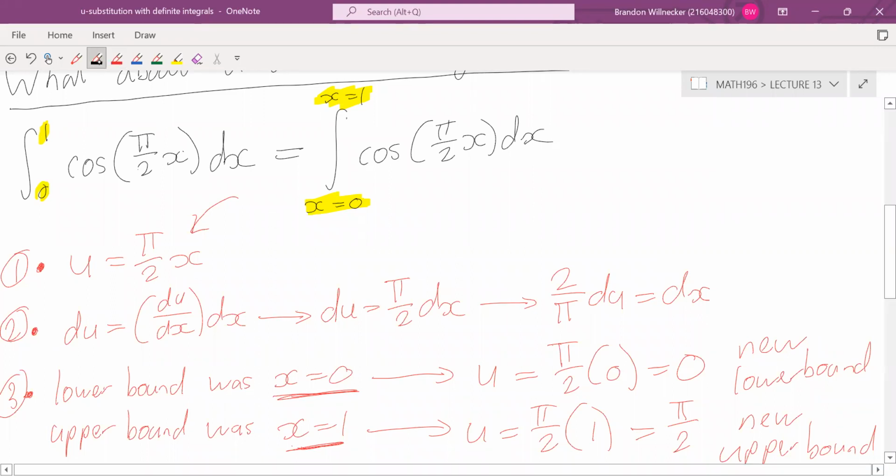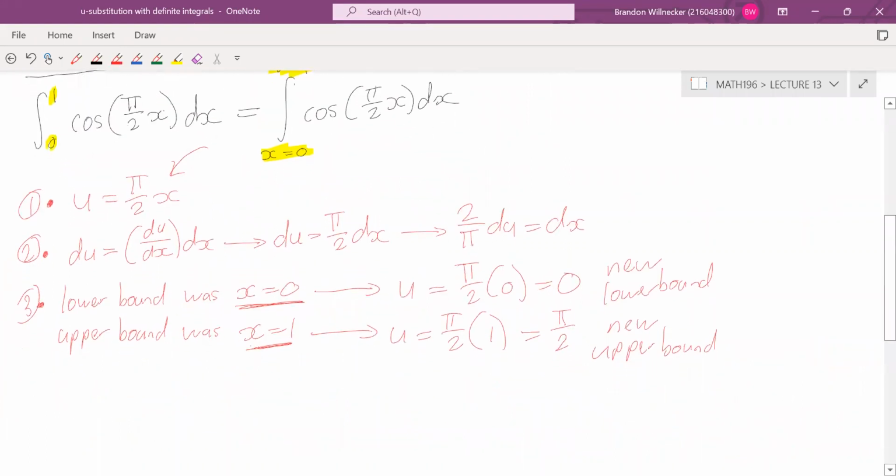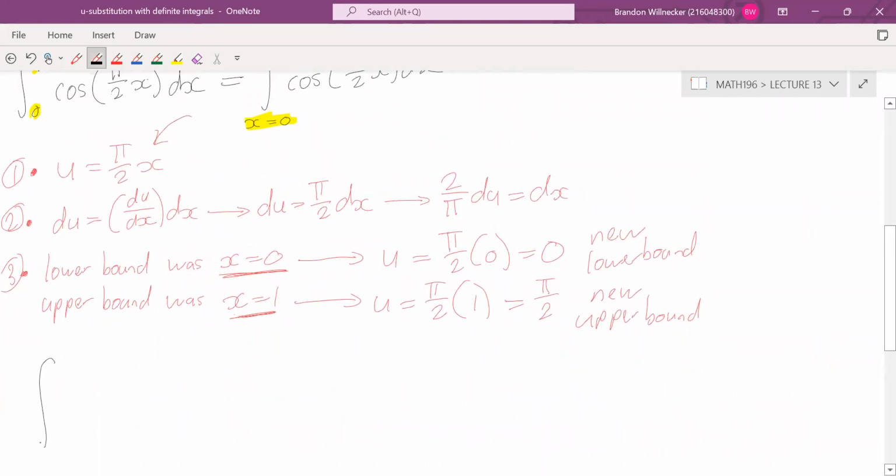Okay, so let's do our replacements like we did before. The old integral went from x equals 0 to x equals 1, with cos of pi over 2x dx. And now we've got the new integral.